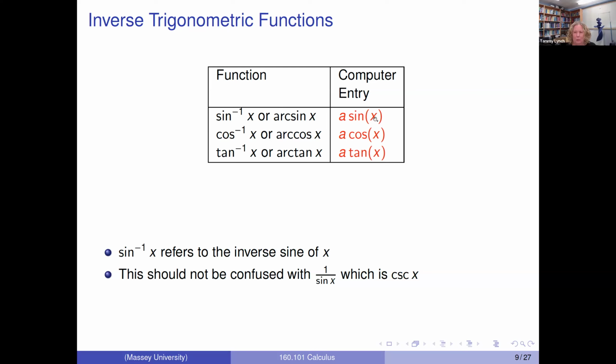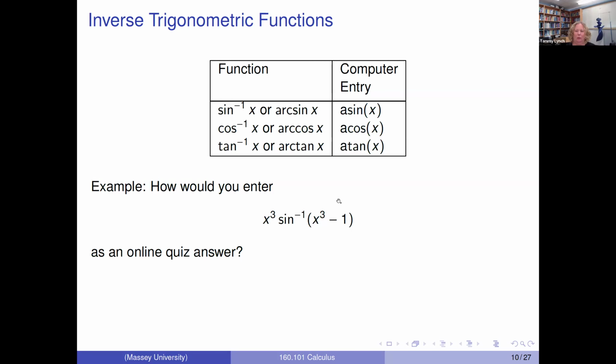Well, we're inputting, in this case, x into the arc sine. acos is the arc cosine. We're inputting x into that arc cosine, and similarly, atan is the arc tangent. So we use a for arc in front of our sine, cosine, and tangent, and we again put our input inside of brackets.